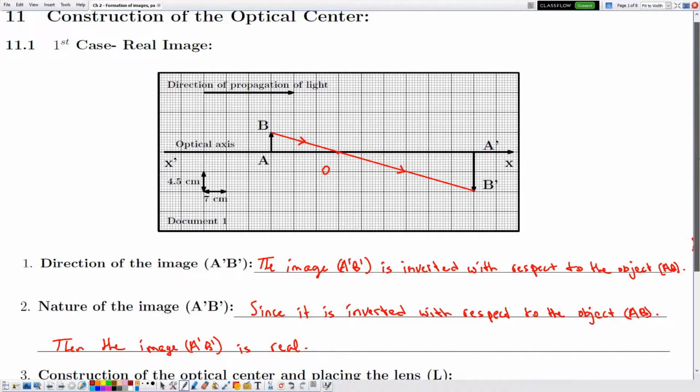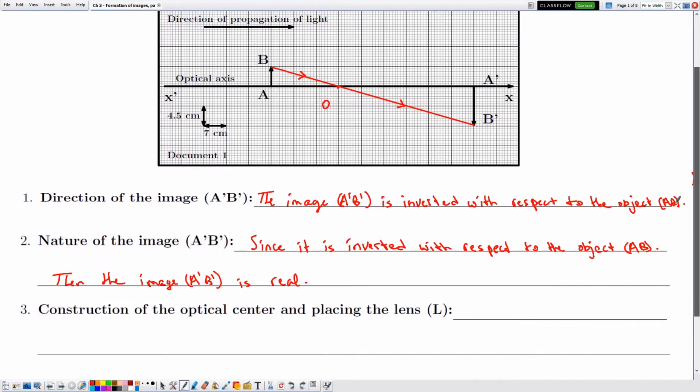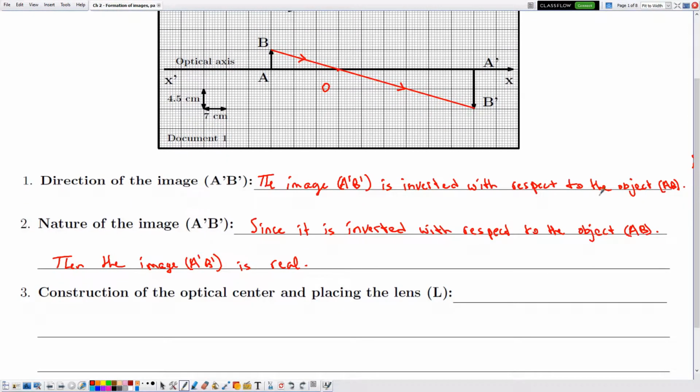Then O is the optical center, because we know that an incident ray issued from B passing through the optical center emerges without deviation. In other words, the points B, O, and B prime belong to the same straight line. Then let's say join B and B prime.